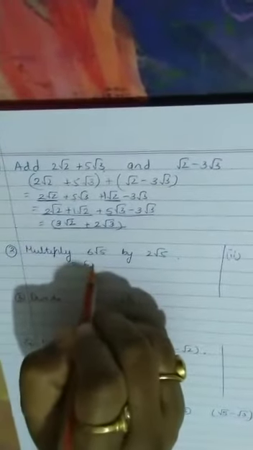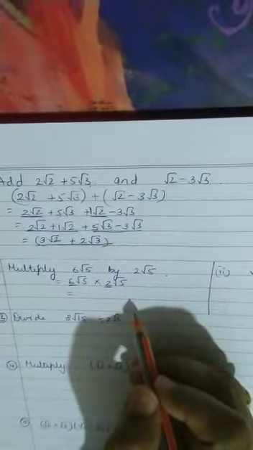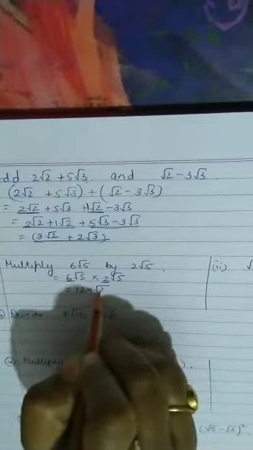Let's take one more example where it is multiply 6 root 5 by 2 root 5. In such a case, you are going to multiply the integers first. So 6 2s are 12 and root 5 into root 5 becomes root 25.